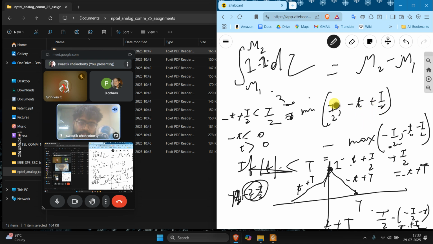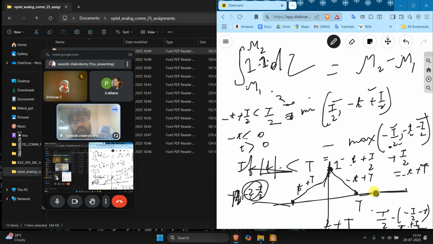If this one gets chosen, this one will get chosen, and if this one gets chosen, this one will get chosen. So two pairs out of these four possible pairs are possible, and the rest two pairs won't be. And elsewhere there is non-overlapping region, outside of M2 and M1, so it is 0. So it will become a triangle.